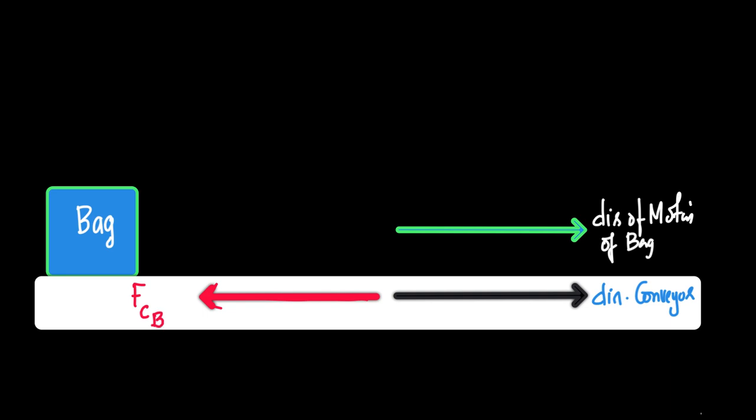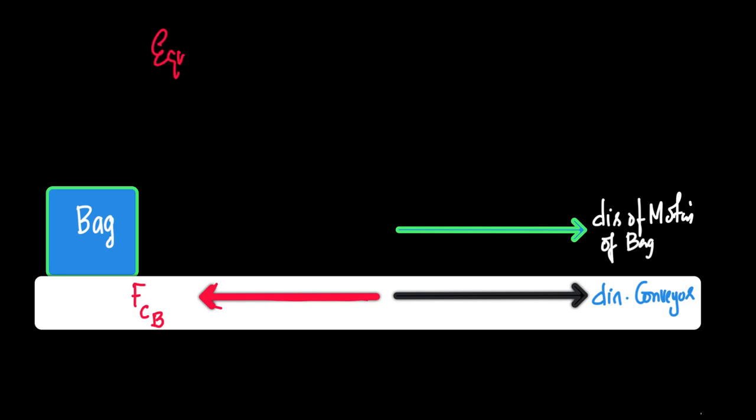Now look at the concept here. This friction is not acting on the bag. Instead, this friction is acting on the conveyor belt, due to the presence of the bag. So what is the concept now? By Newton's third law of motion, if the bag is exerting a friction on the conveyor, definitely the conveyor should exert some friction on the bag as well, which has to be equal and opposite.